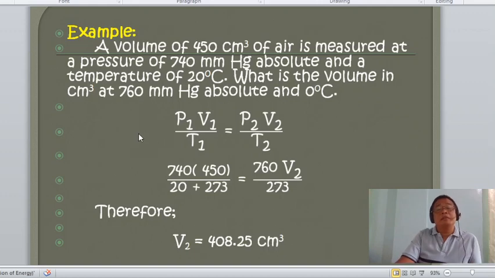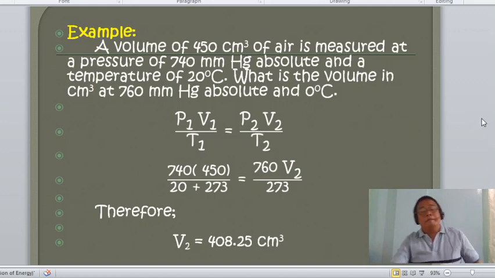Okay, so equals P sub 2, 760 millimeter of mercury multiplied by the final volume divided by 0 plus 273. That's why we have here 273. Therefore, the final volume now is 408.25 cubic centimeter. Okay?